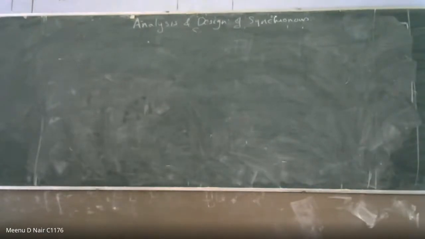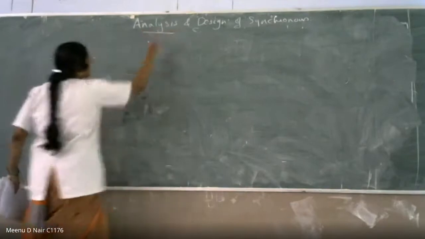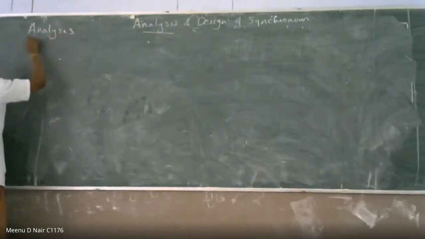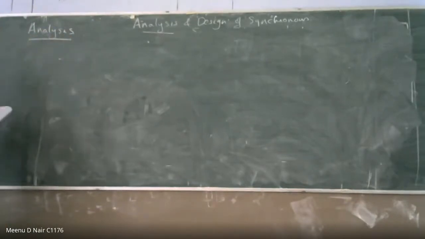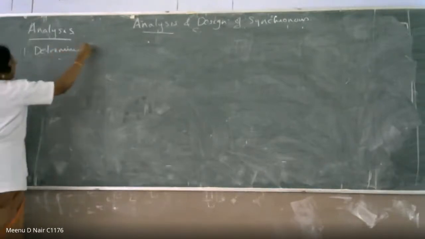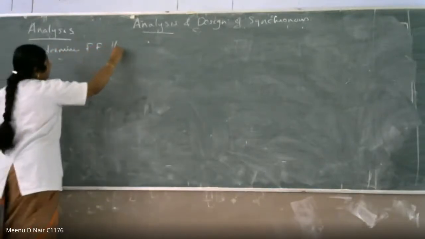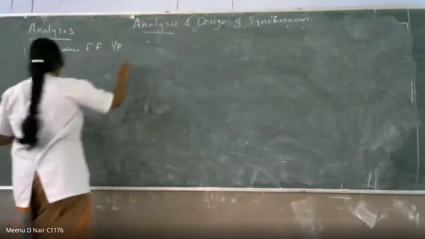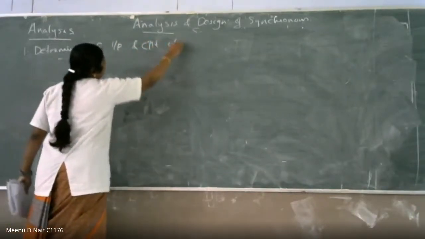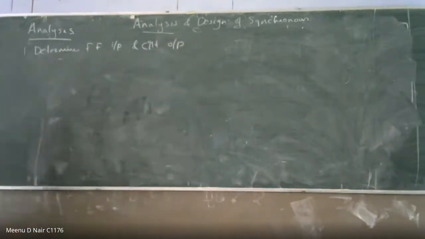Next we are going to see the analysis of synchronous sequential circuits. First thing is analysis. Analysis of synchronous sequential circuit. The procedures: the first point is determine the flip-flop input and circuit output.